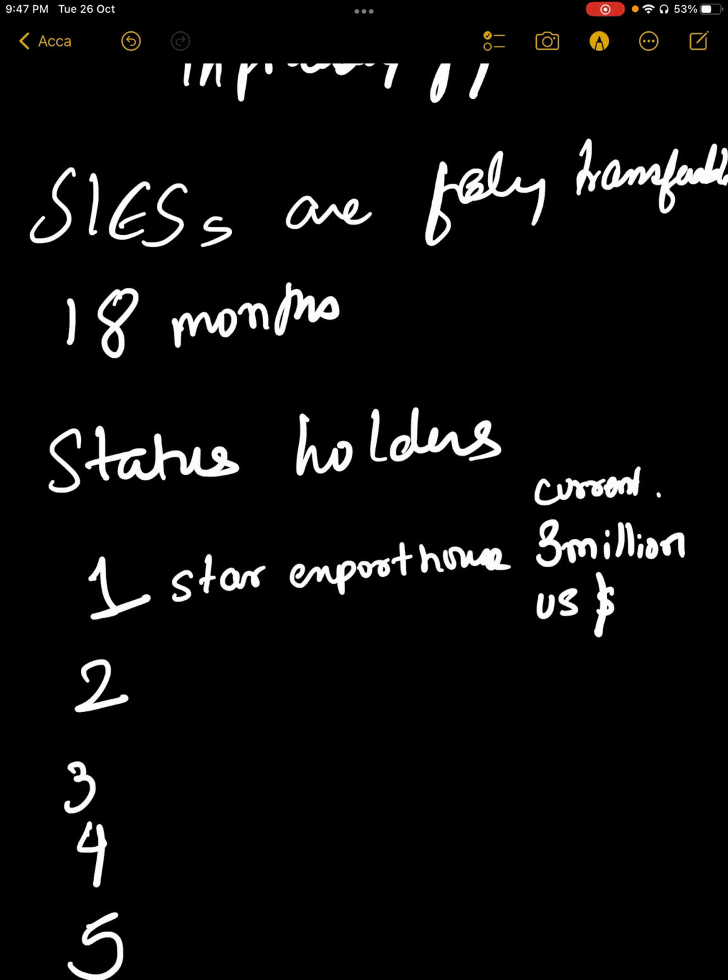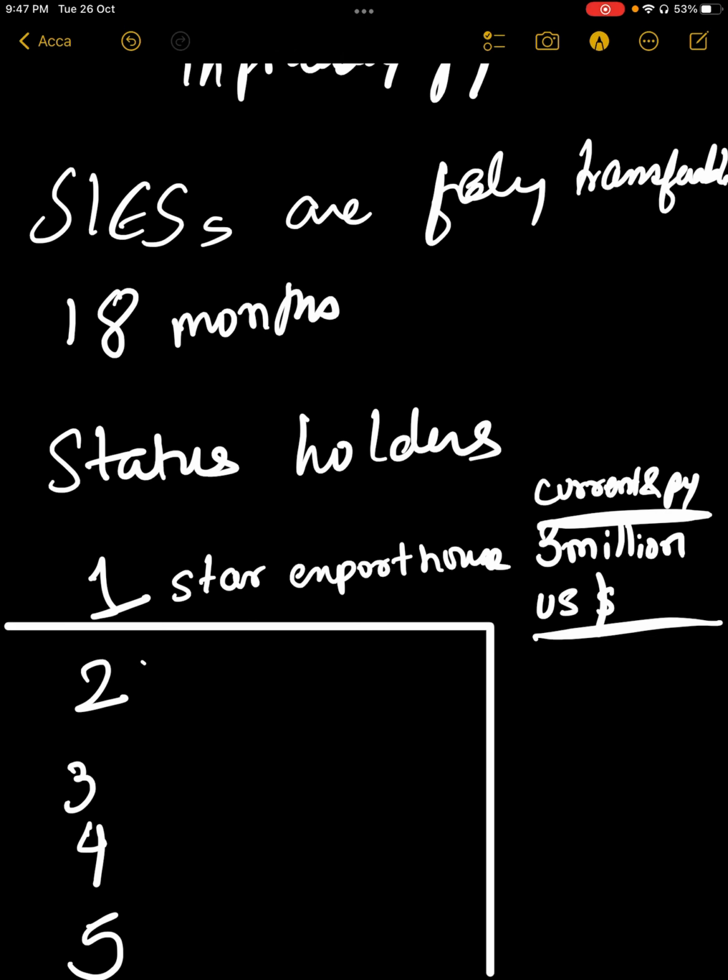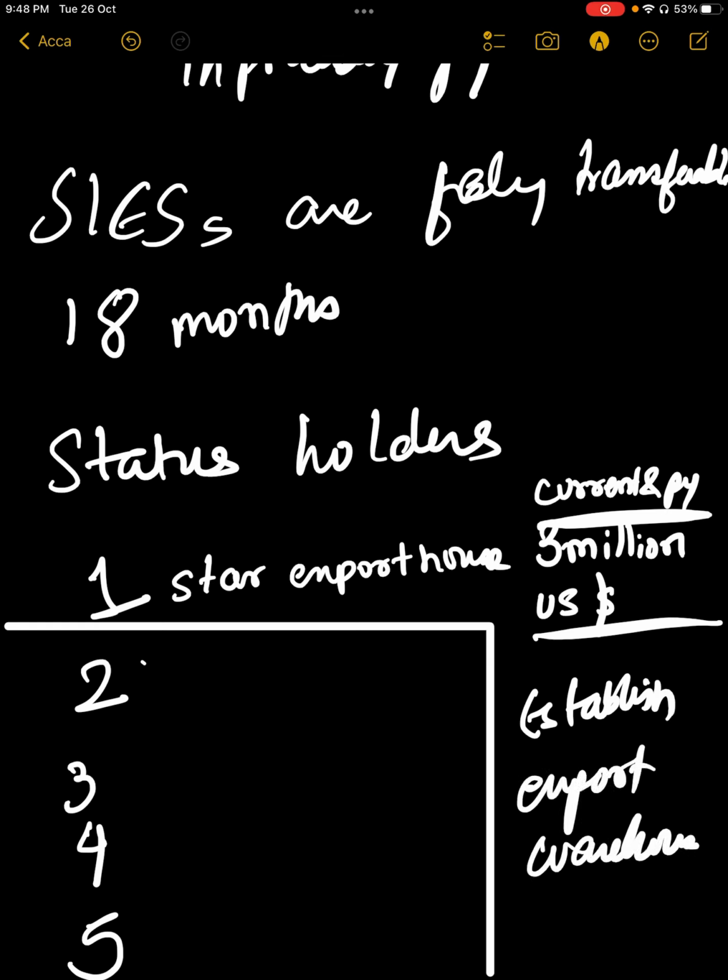Current and previous year, 3 million. The benefit of these is that you can establish export warehouses. This benefit is not available to a 1 star export house.